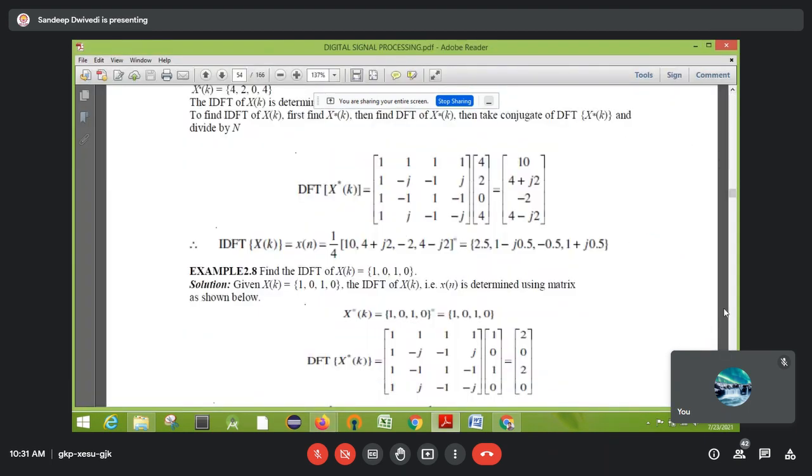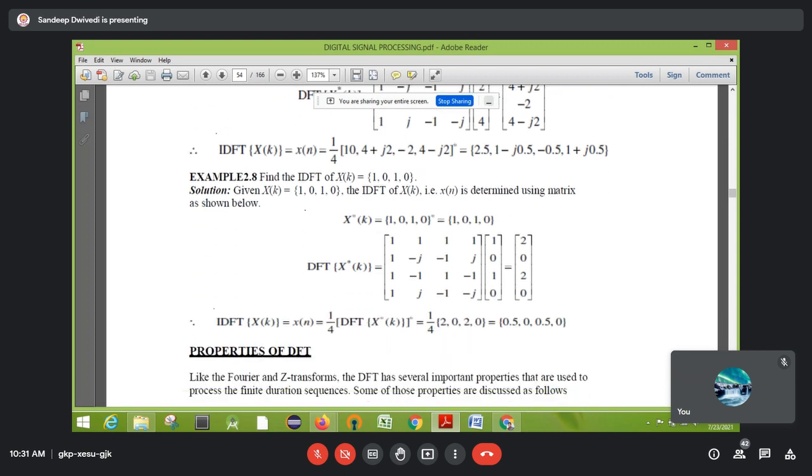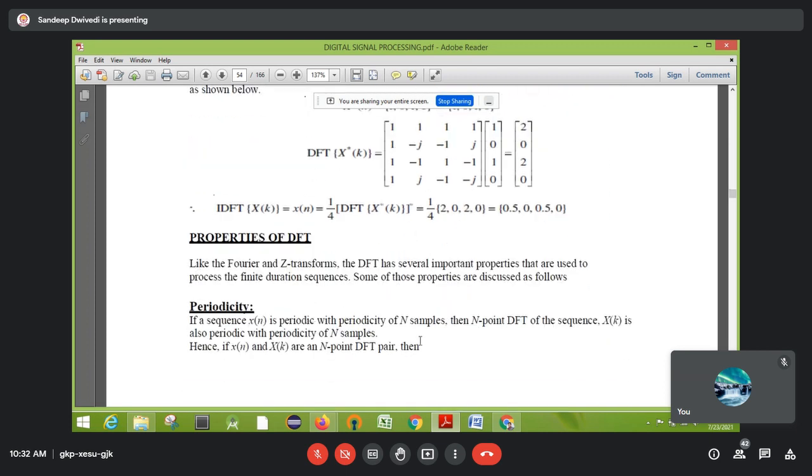Okay, so for properties, see here, properties are very simple. If x of n is your input sequence, then the DFT of that sequence will be denoted by x of k. Whatever DFT you are calculating will be denoted by x of k.